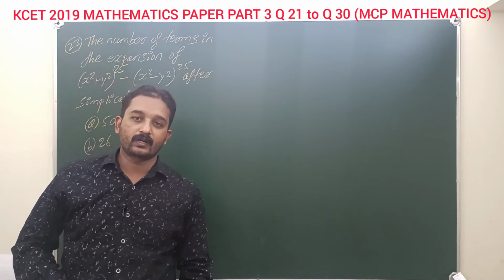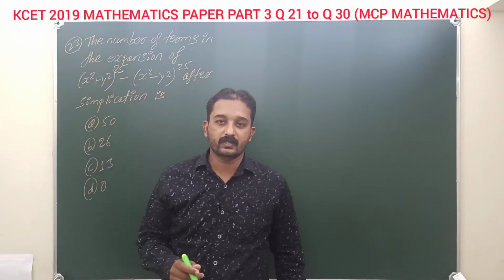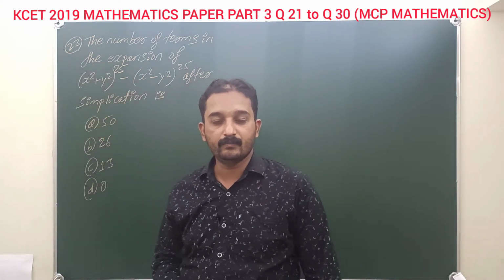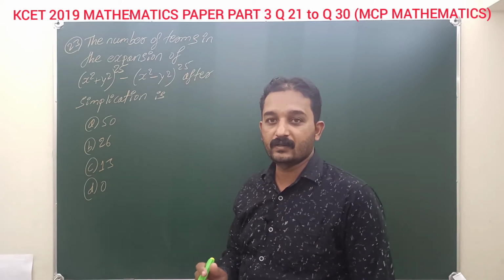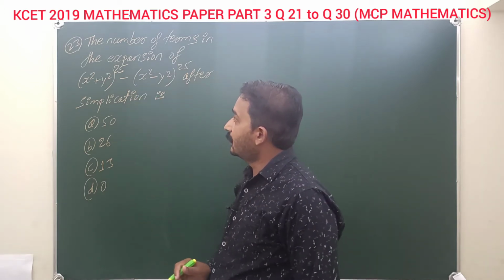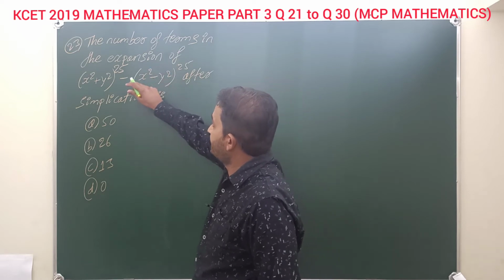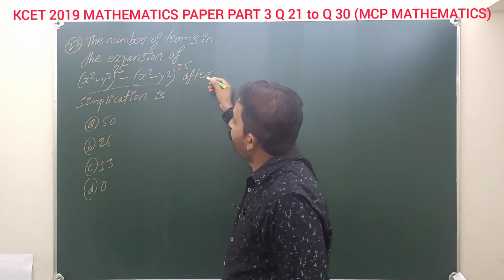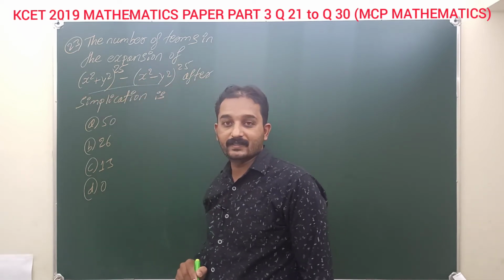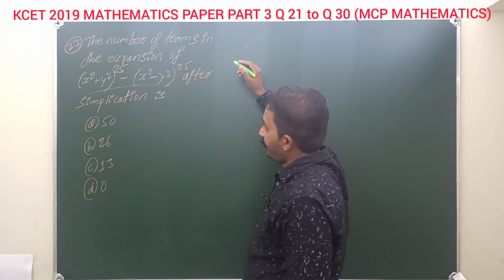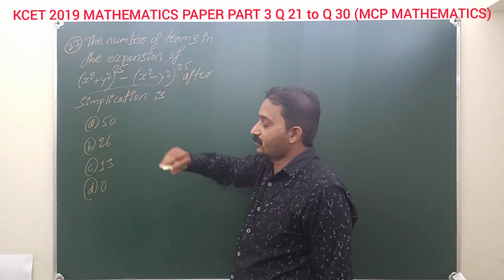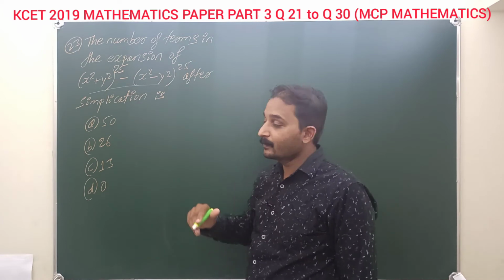Now let us move on to question number 23. This question is based on the chapter binomial theorem, particularly finding the number of terms in this expansion. Let us see the question. The number of terms in the expansion of this after simplification is what in this case? We can directly find the answer to this question using the shortcut method.